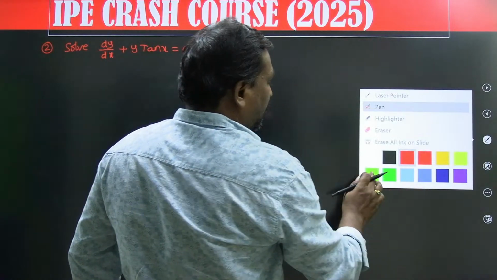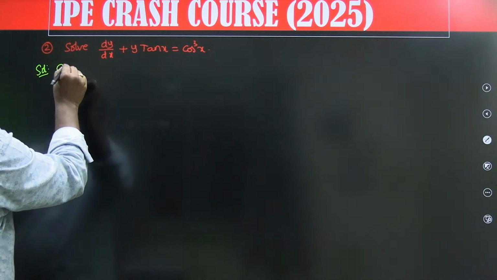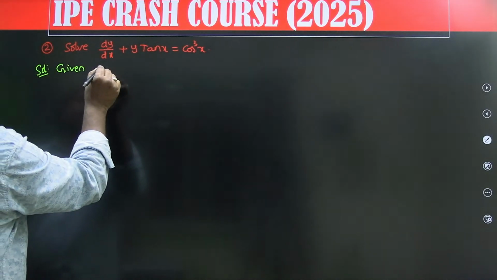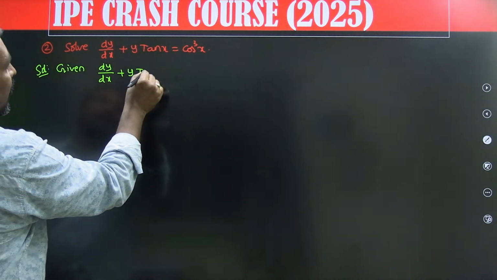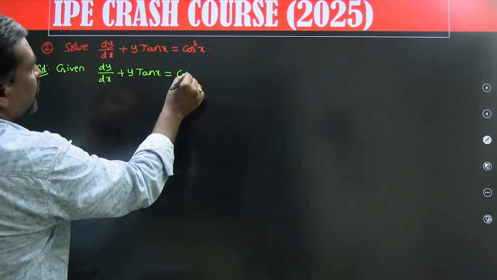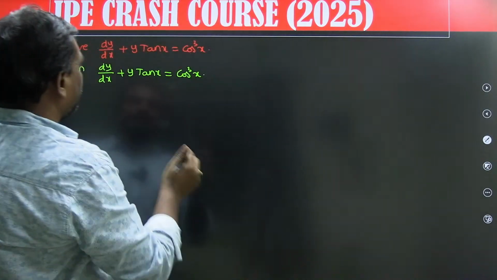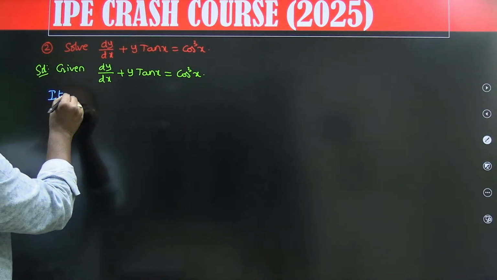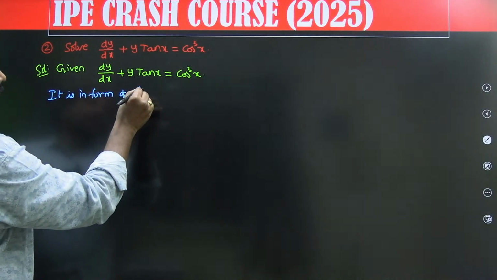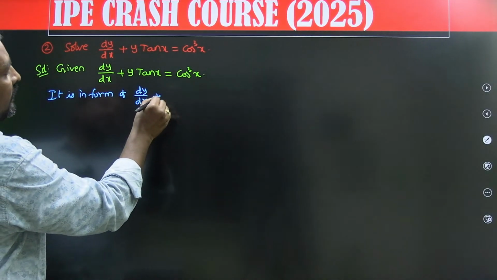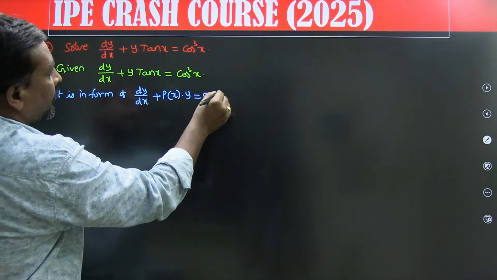So now the solution here: given dy by dx plus y into tan x is equals to cos cube x. It is in the form of dy by dx plus p of x into y is equals to q of x.